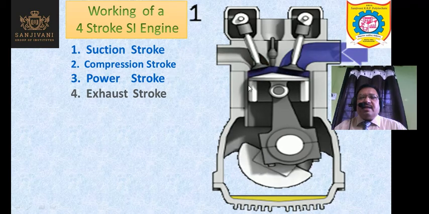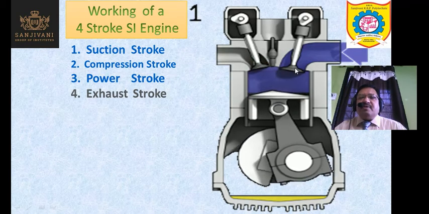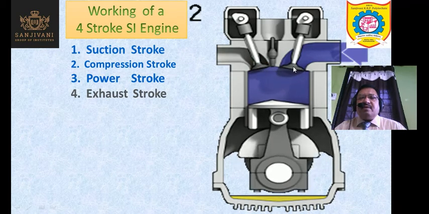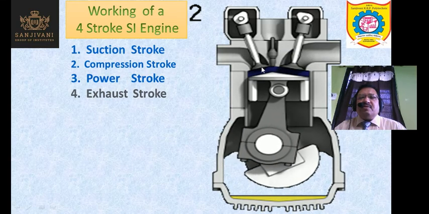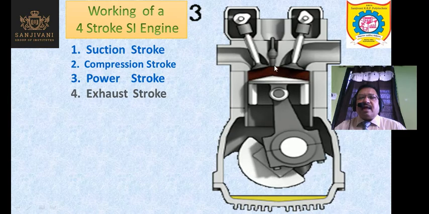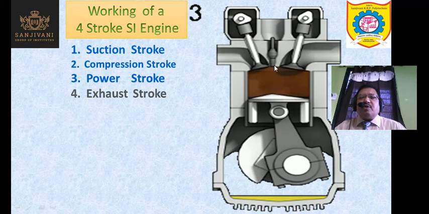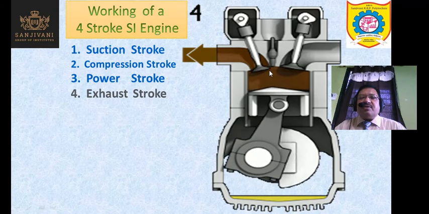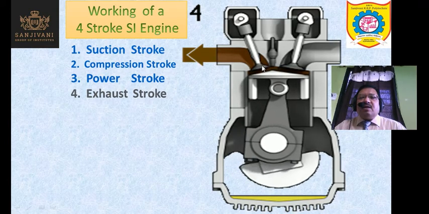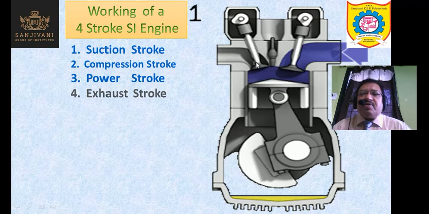So once again, during the suction stroke only inlet valve is open. This is the inlet valve. During the compression stroke, both the valves are closed and the spark is produced at the end of the compression stroke. Then we get the power stroke, and this is the exhaust stroke. The exhaust valve is open during the exhaust stroke.